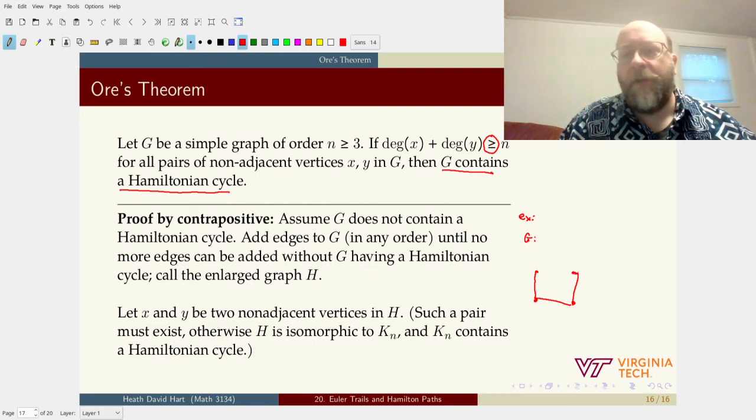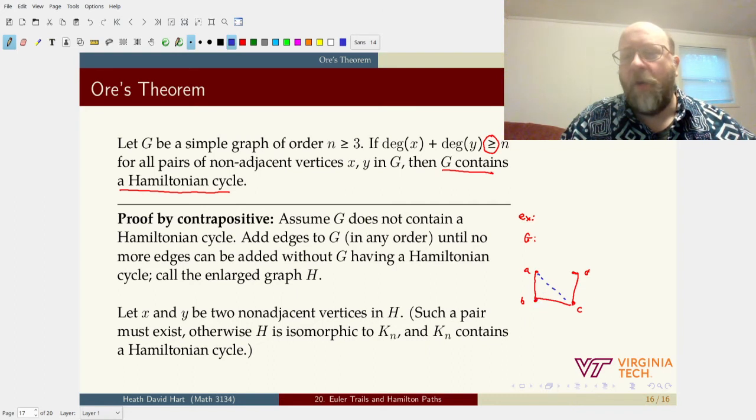So it's clear that I can get to all 4 vertices, but I can't get back to my starting point. But I could add some extra edges. For example, I could add an edge from A to C, and that would allow me to have a cycle from A to B to C, but it wouldn't allow me to get to D. There's still no way to create a cycle that goes through all 4 vertices and gets to the starting point.